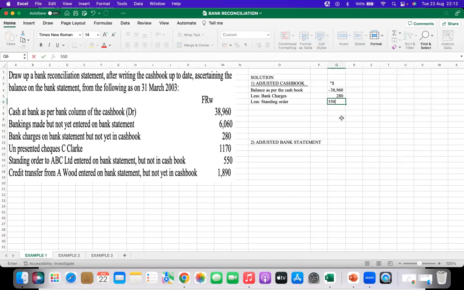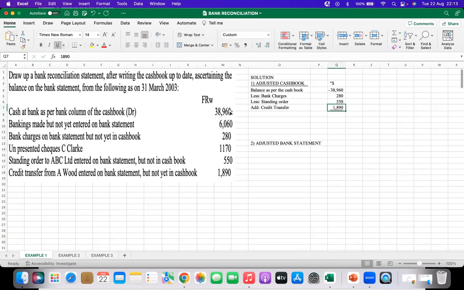And then you look for any credit entries in the bank statement. Let's check if there is any credit entry. Credit transfer from A Hood. You add it because it's a credit in the bank statement. So you add credit transfer. So what is our credit transfer? 1890. So those are the items that should be affecting the cash book when we are adjusting the cash book.